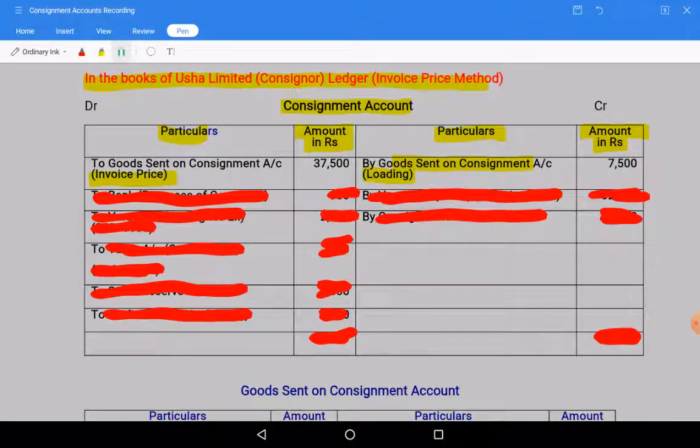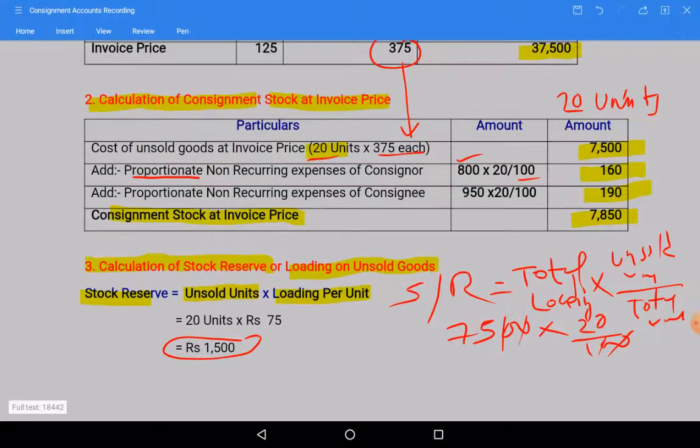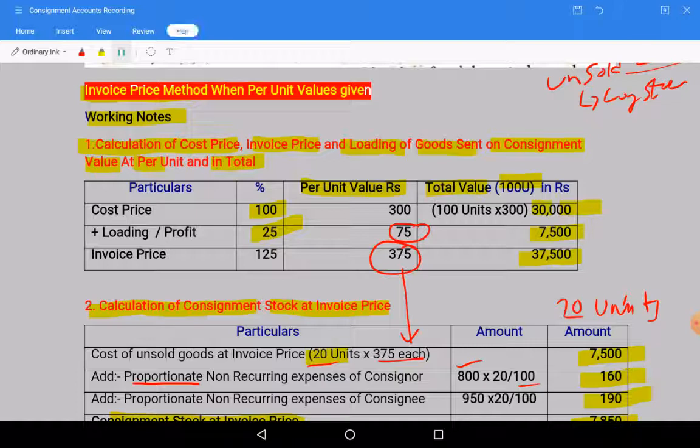So that information, whatever we have calculated in working note 1, will be useful now. Here you can see we are having total value, loading, cost price, invoice price.